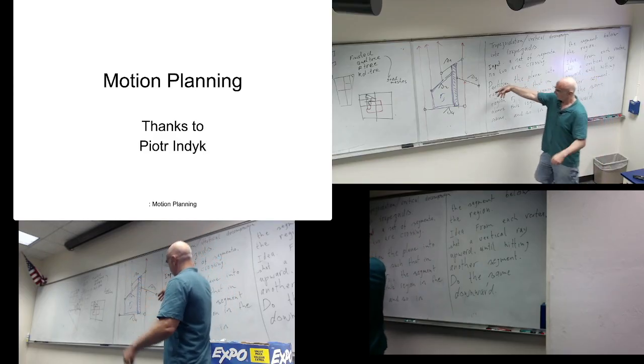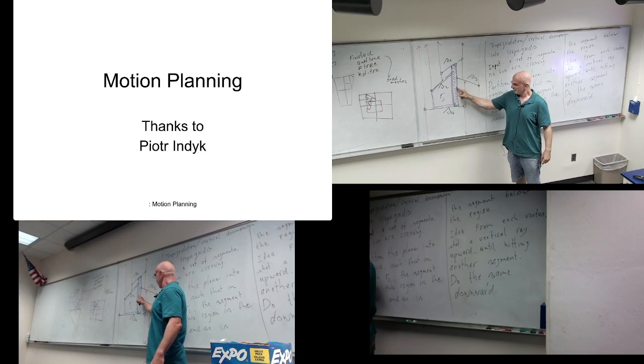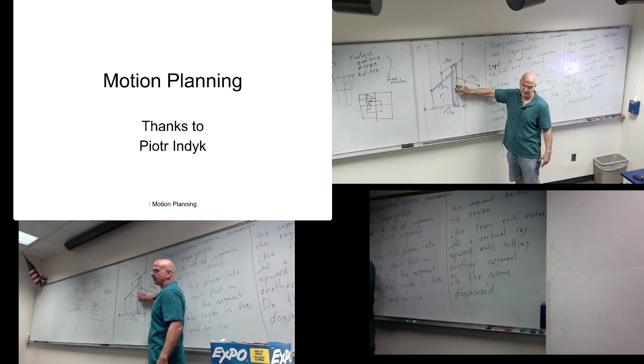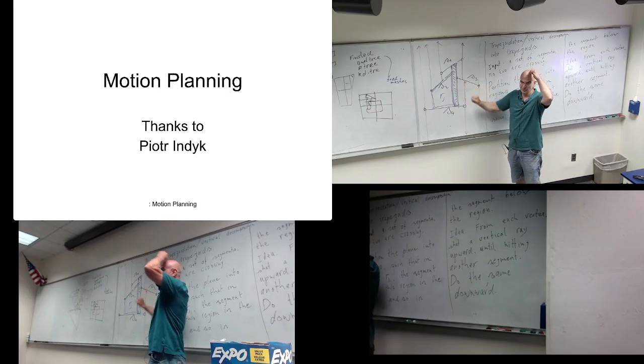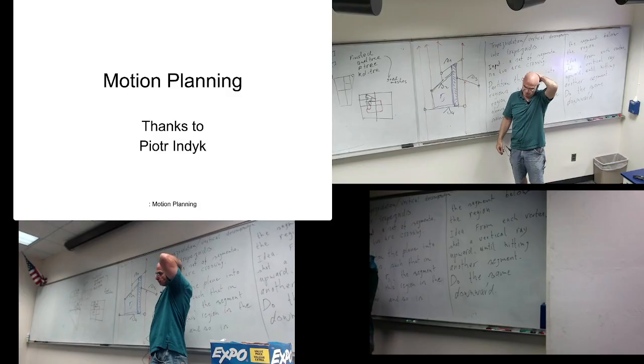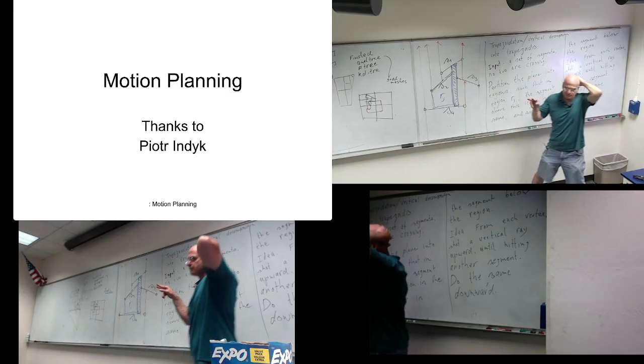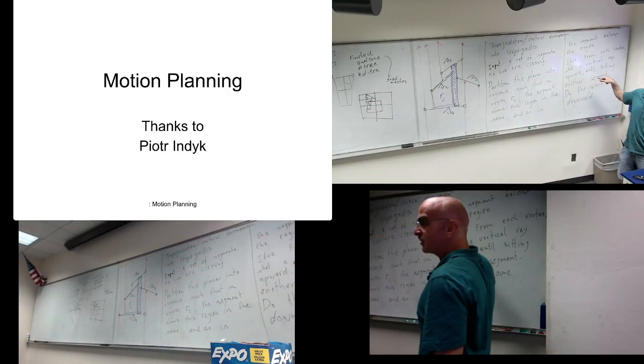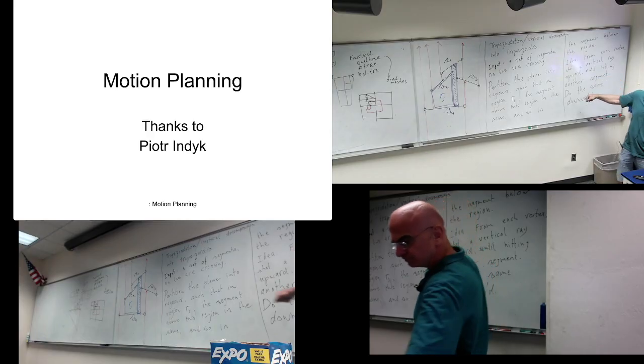Here are my cells, and if I'm in a cell and I'm looking up, two points in the same cell, in the same trapezoid, will see the same segment as a roof.